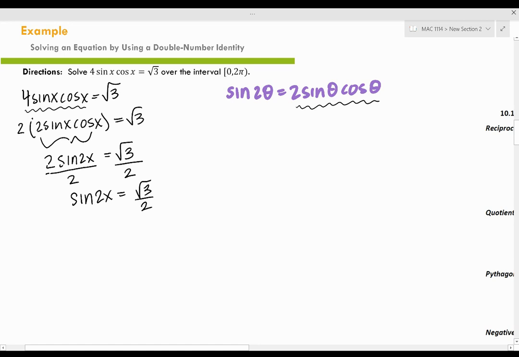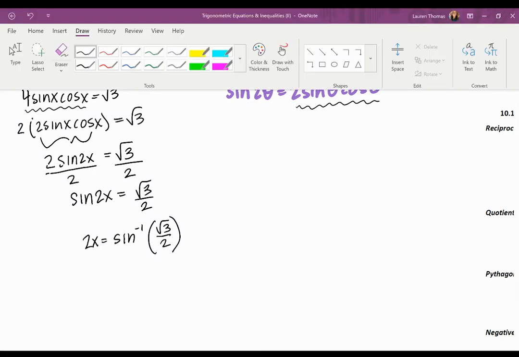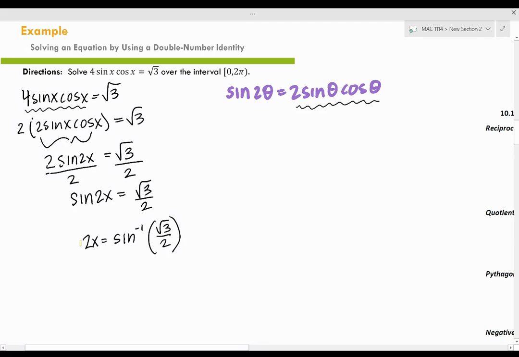Now, in order to get x out of that trig function, we're going to have to use the inverse. So 2x equals sine inverse square root of 3 over 2. Now, because this argument here is 2x, this is where this problem is going to differ a little bit from the ones that we've done before.